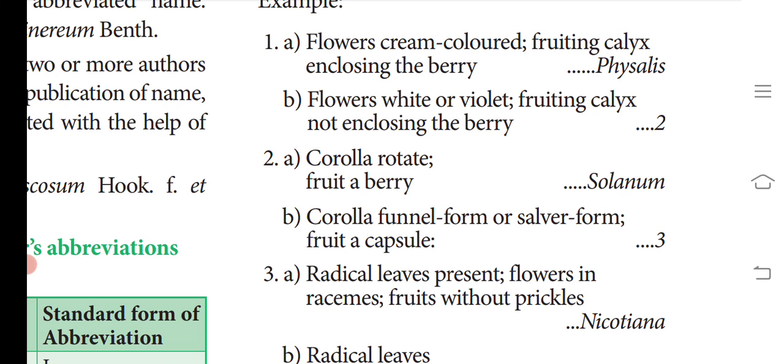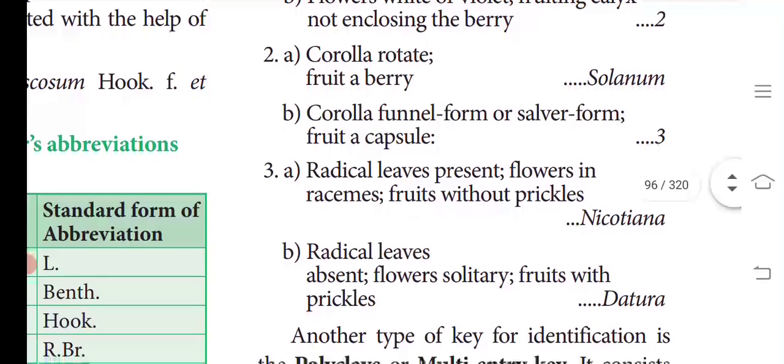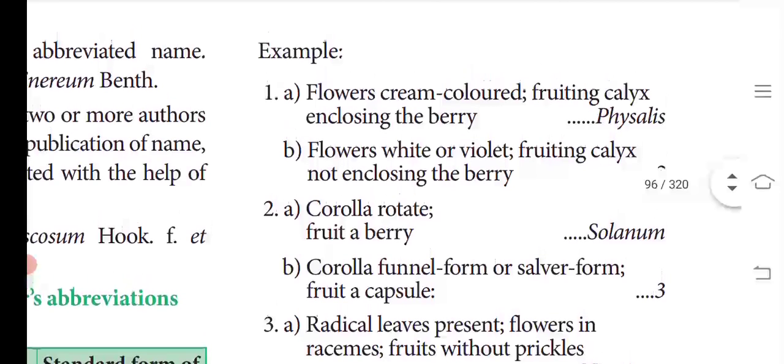See, if the corolla is rotate and the fruit is a berry, then it will be Solanum. If the corolla is funnel shaped and the fruit is a capsule, then you have to go for 3. So you see first 1, and in that you are seeing point number 2, which means you have to see point 2.